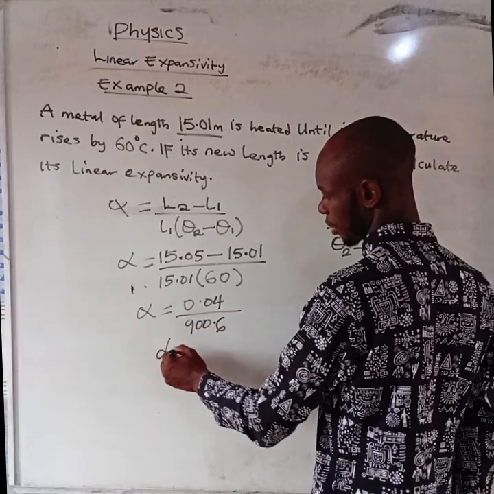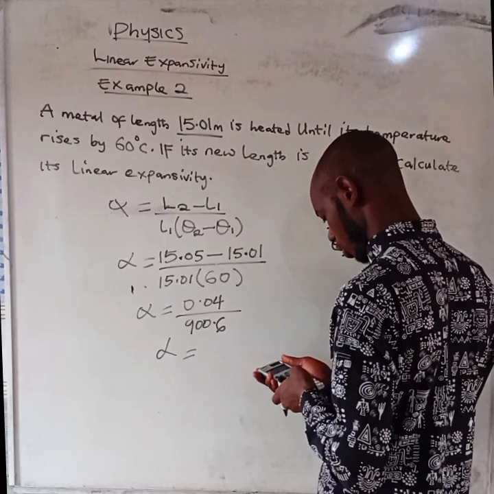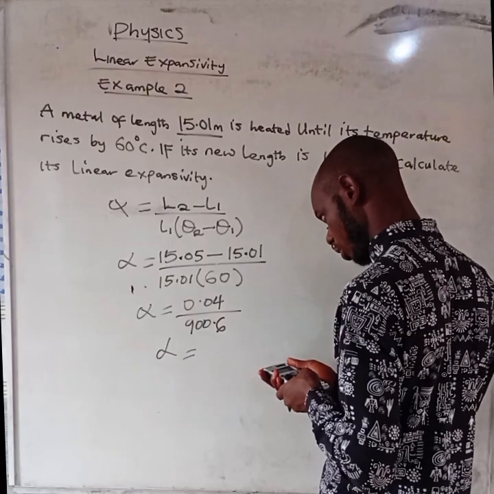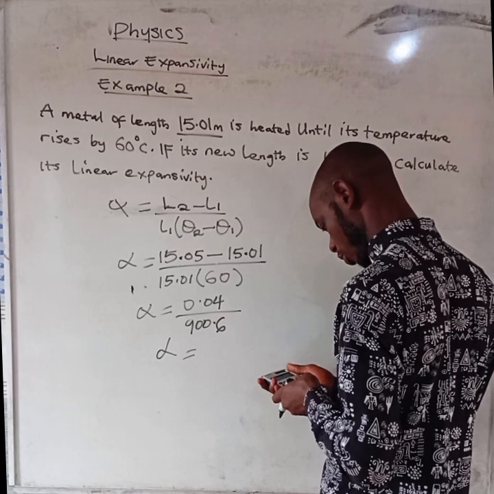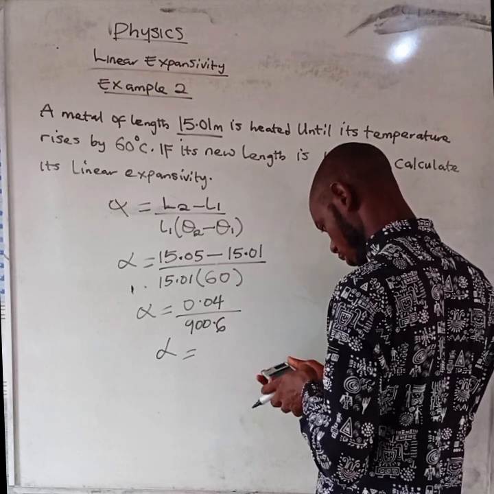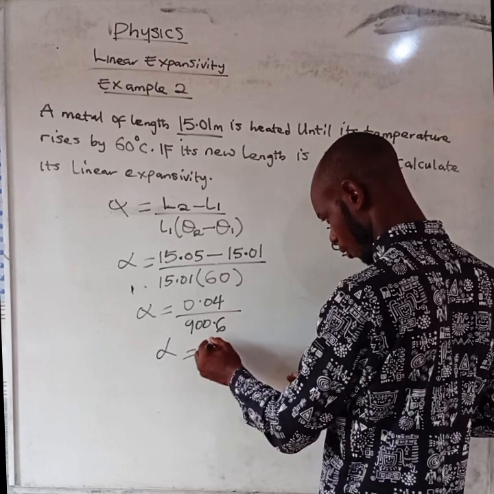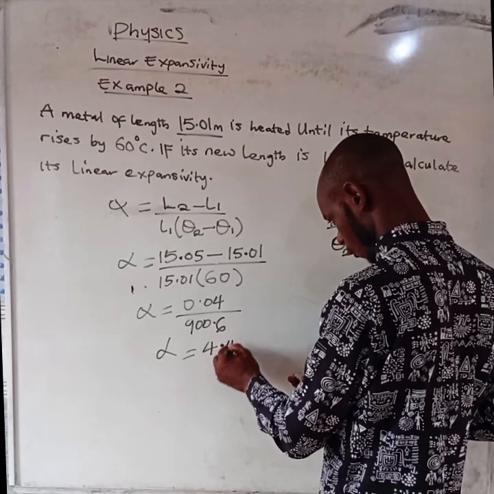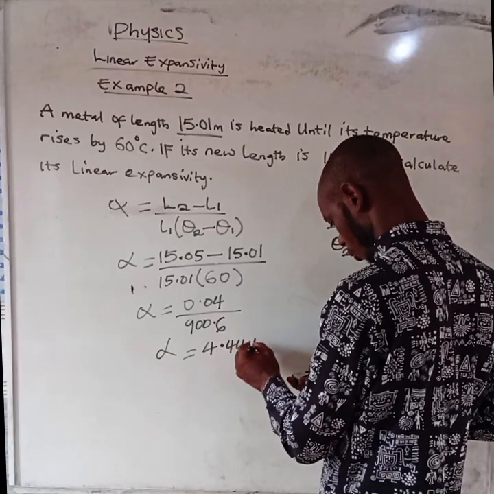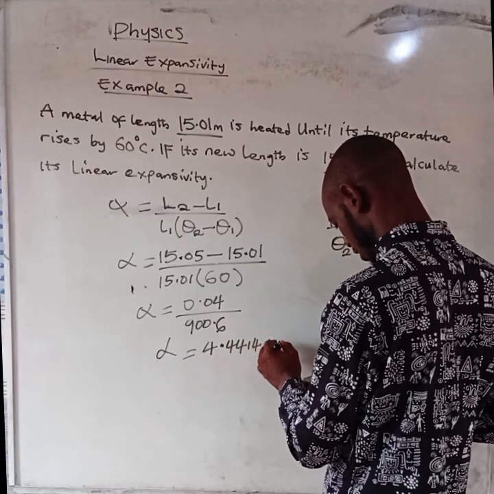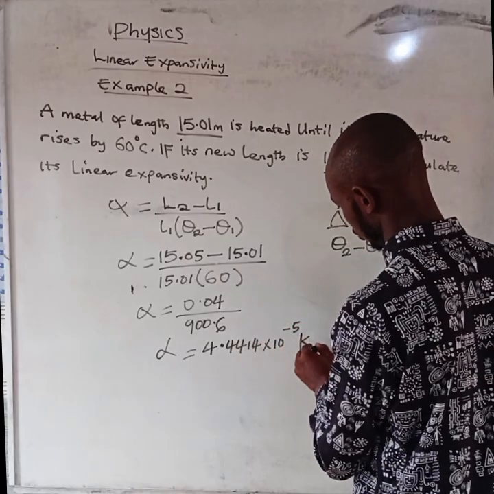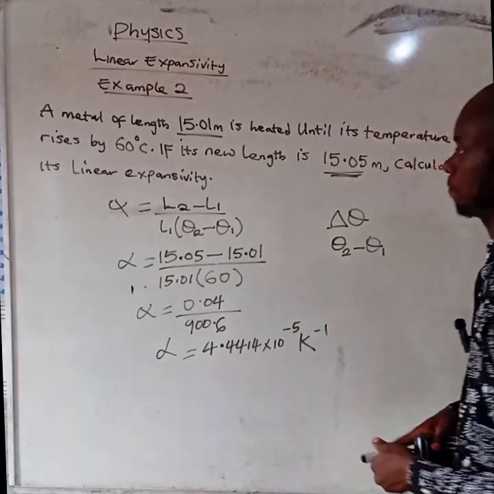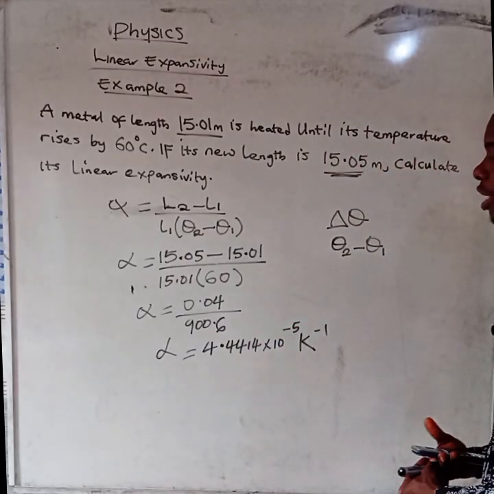So alpha is 0.04 divided by 900.6. It will give me 4.441 times 10 to the power of minus 5. The unit is per Kelvin. And that is our final answer.